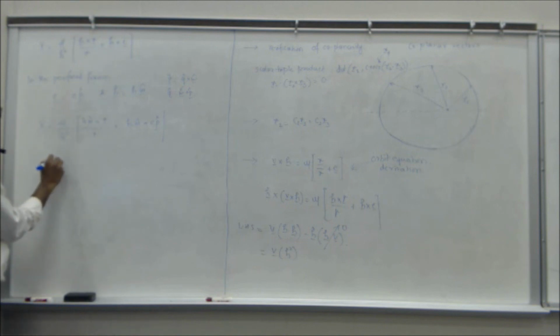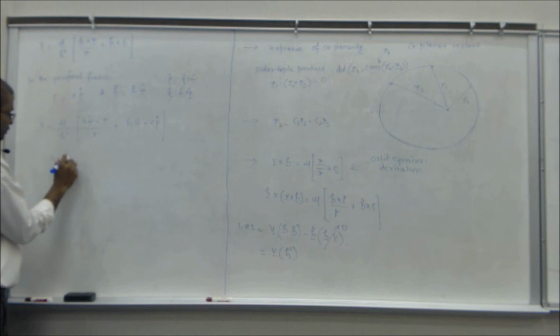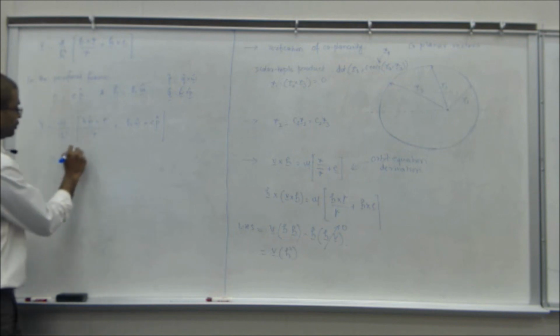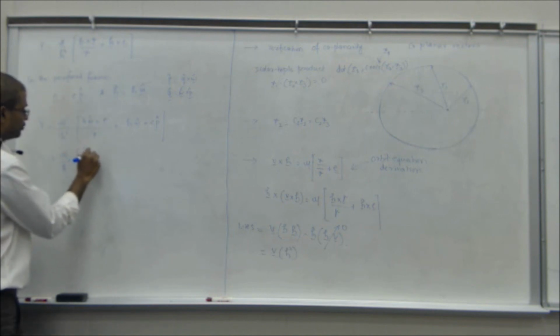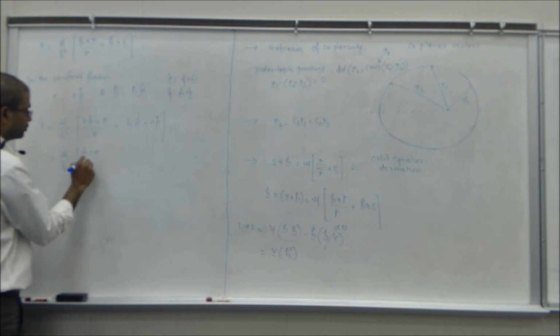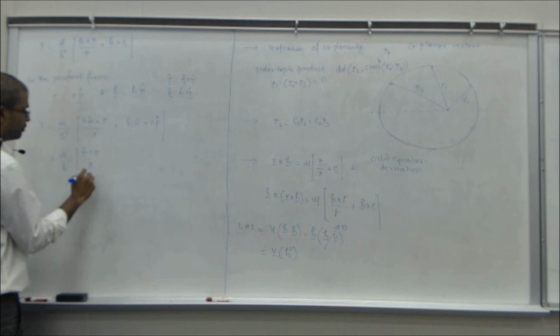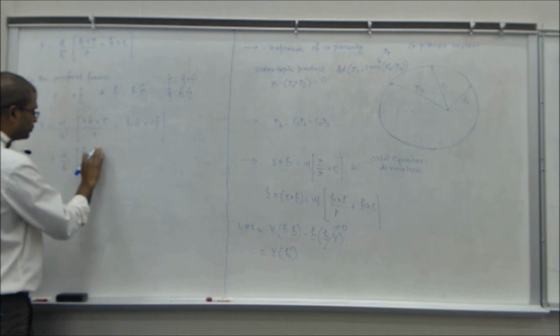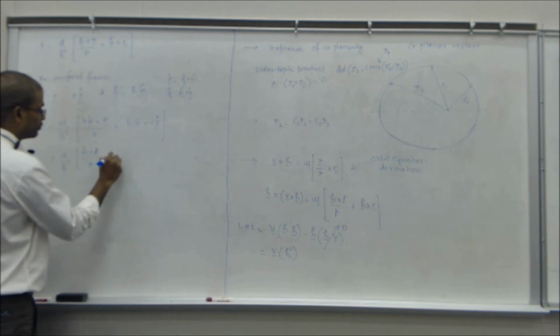So you have this, mu over h into W crossed with R over R plus.